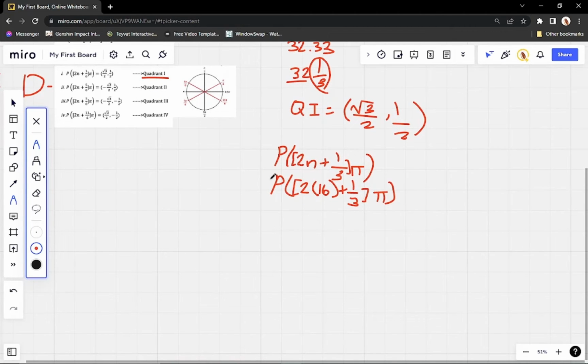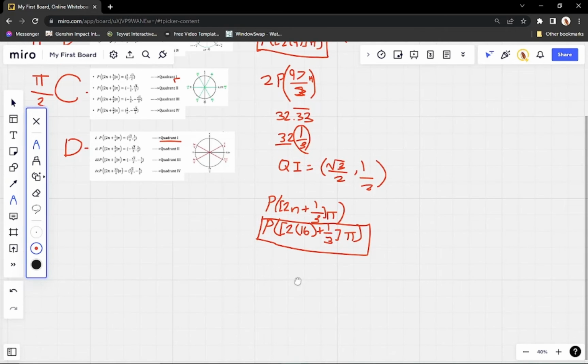Yeah, this should be our final answer. And if we input it in the calculator, it should be equal to 97 over 3 pi. And we also figured out which quadrant it belongs to and its corresponding coordinates.